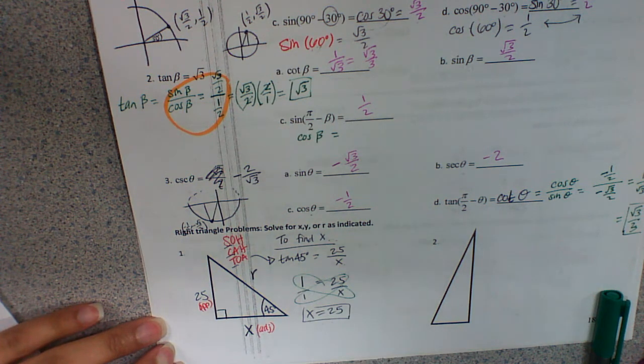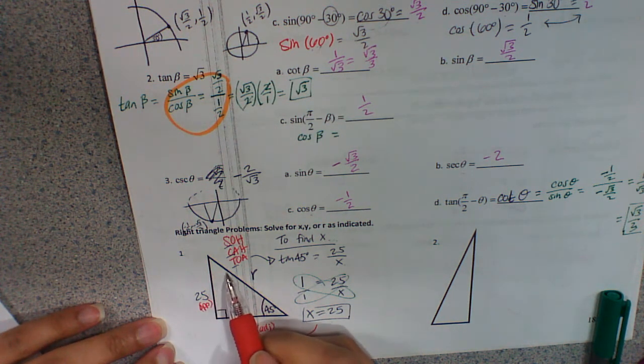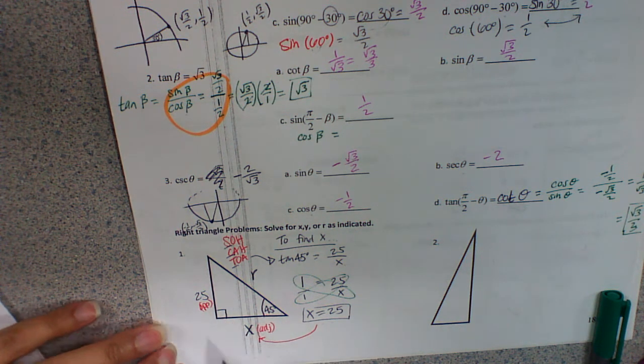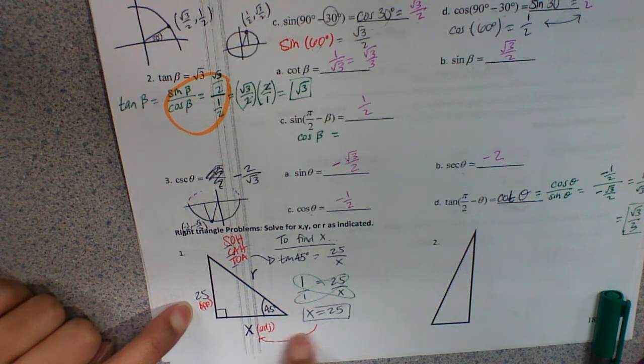And hopefully that makes sense to you, because knowing that this is a 45-degree angle and knowing that this is a 90, that means this has to be a 45. And if this is a 45, 45, 90 triangle, then we know that these two sides have to be the same. And that's what we just found.